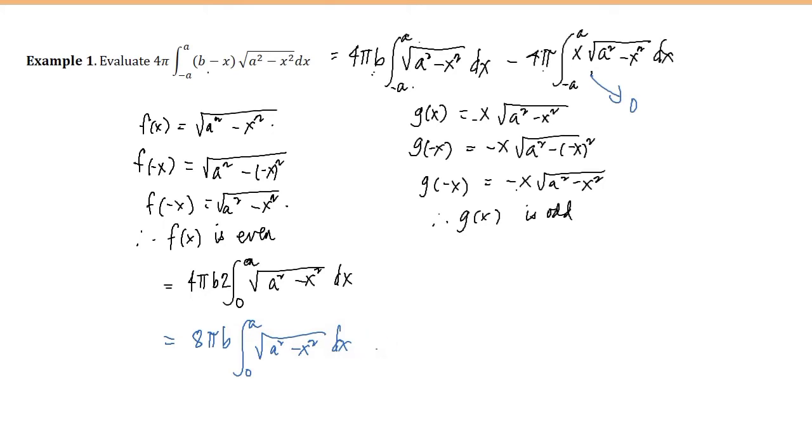So integrate natin to. We integrate this using the trigonometric substitution. So kung makikita natin dito, we have here the a squared minus x squared. So ibig sabihin, we will be using the a sine theta, diba? So x is equal to a sine of theta, and the derivative of x is equal to dx, and the derivative of a sine theta is a cosine theta d theta.